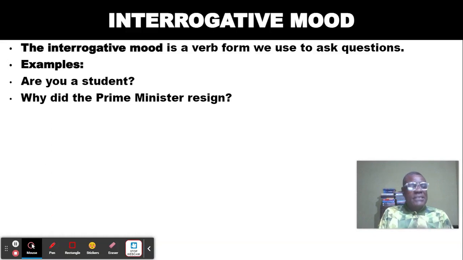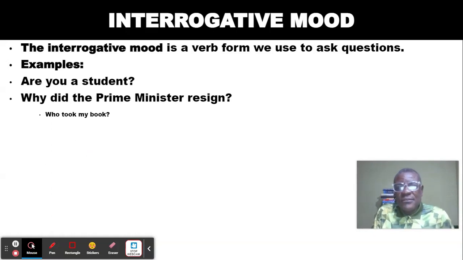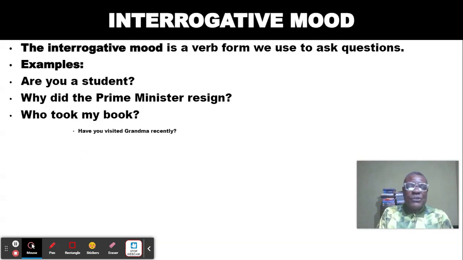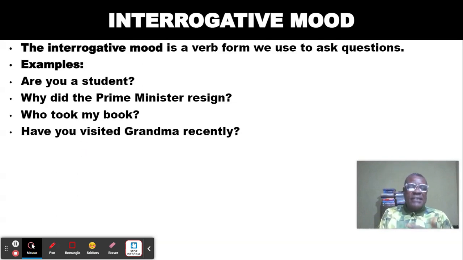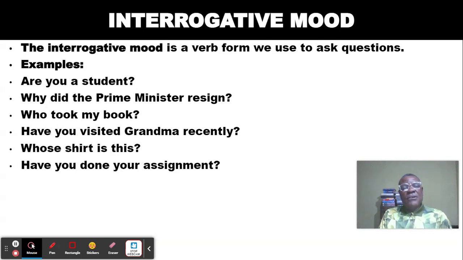Why did the Prime Minister resign? Who took my book? Have you visited Grandma recently? Whose shirt is this? Have you done your assignment? Is Jane interested in the job? All right, so those are examples of the interrogative mood.